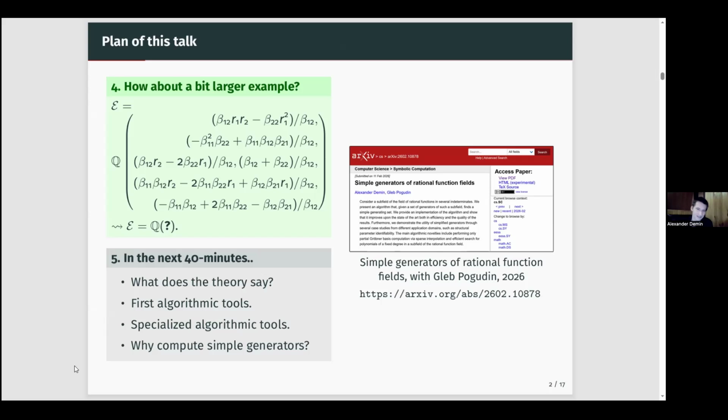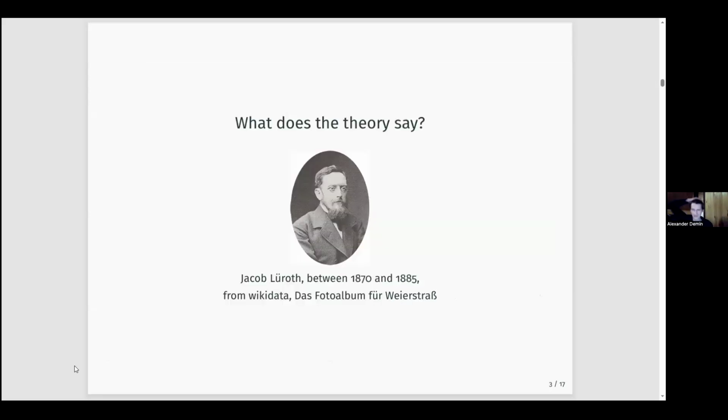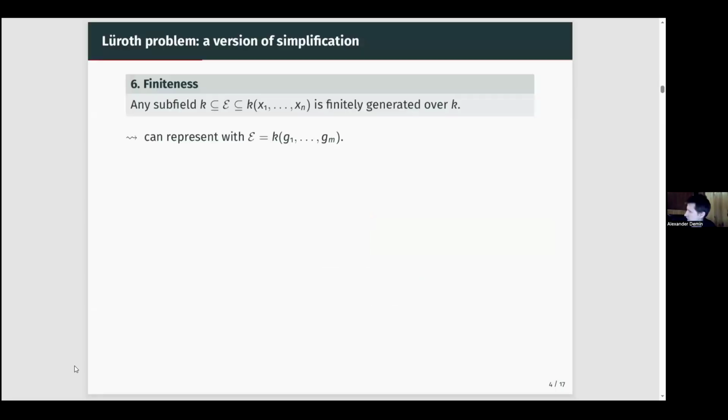All right. So first of all, just a very brief digression on theoretical work. It is kind of a folklore theorem that any such intermediate subfield is finitely generated.